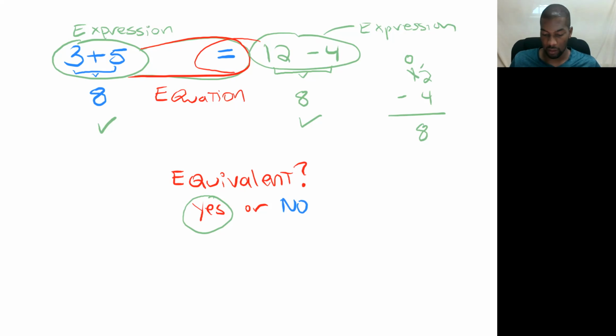All right, next. Let's try this one. If I had 5 times the quantity 4 minus 2 in parentheses, is it equal or is it equivalent to 5 times 4 minus 2?